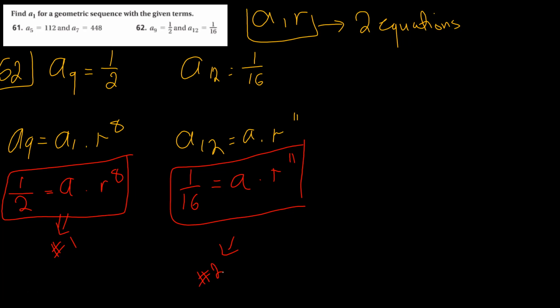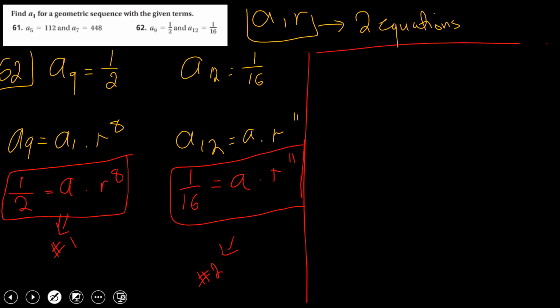So now I will repeat. Here I have to find a sub 1. If I want to find a sub 1, I also need r. So how many unknowns here? We have two unknowns, a1 and r. Because we have two variables, if I want to find them, I need two equations.